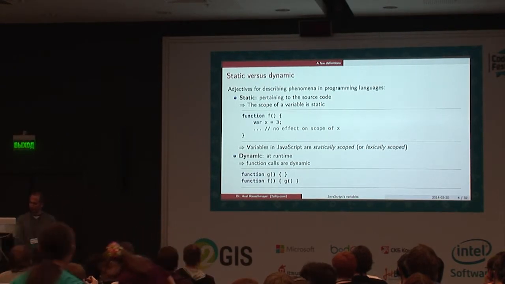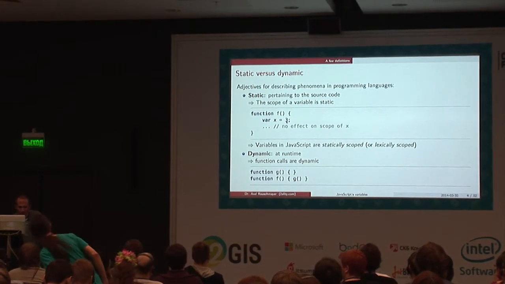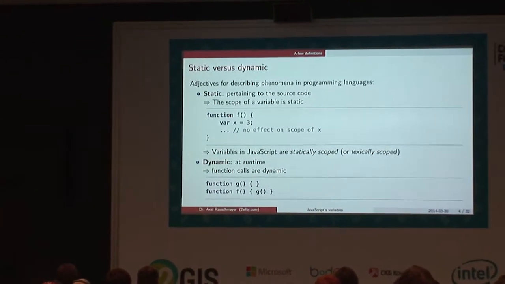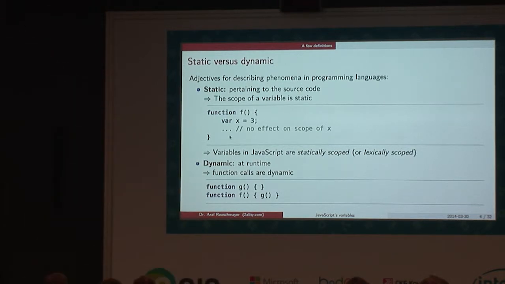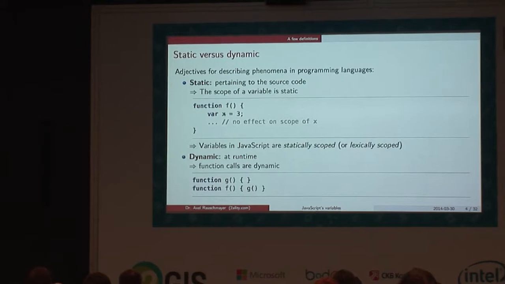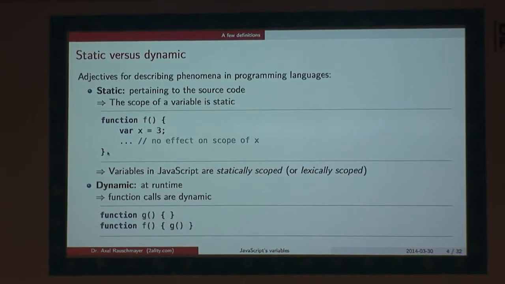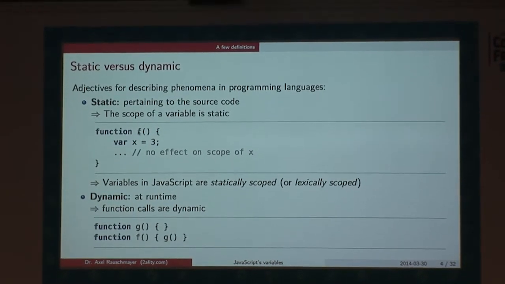In this example, again, there's a variable, and the scope of a variable is a static property. So just by looking at the source code, you can determine the scope of x. Whatever happens outside, it doesn't change the fact that x is accessible within the curly braces in here. So scope is something static.